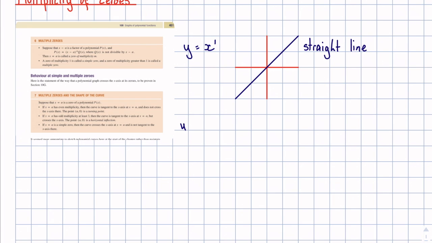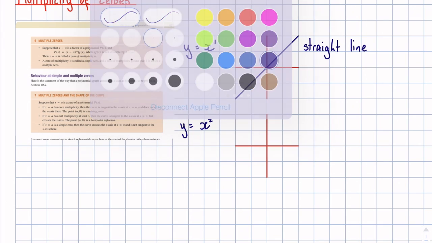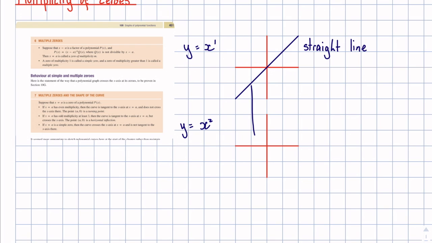If I had y equals x squared, then that would look like this, and you should definitely know this. Okay, just pretend I could draw. That would look like that, yeah?